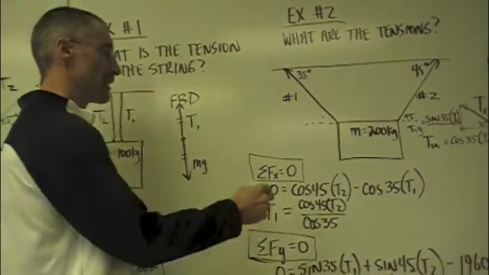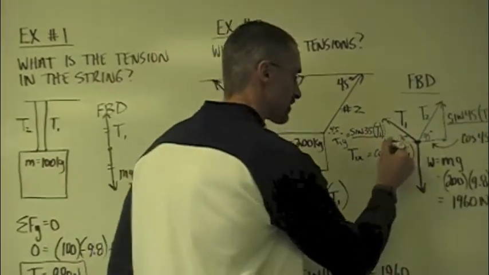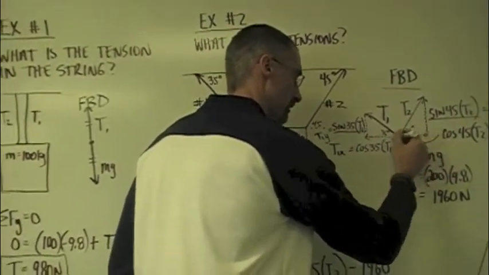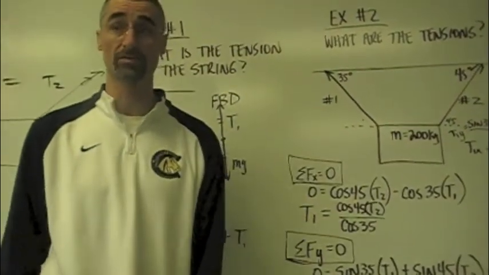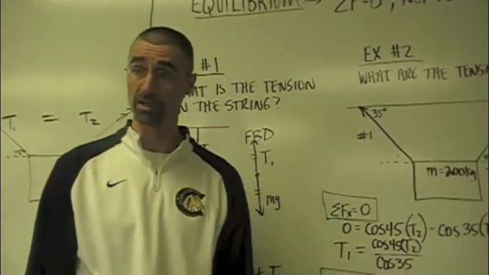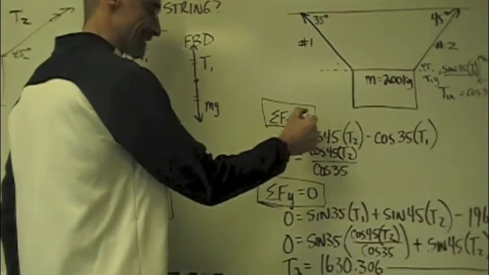Okay? Now, guys, I think you would agree with me. In the x direction, all we have is this component and that component. And if those are the only 2 components in the x direction, we know they basically have to be equal to each other because they're pointing in the opposite direction. But another way to write that is this. Sum of the forces in the x is 0.